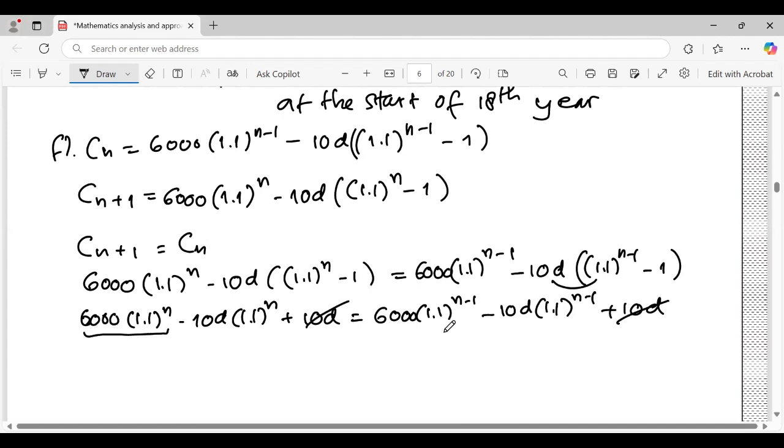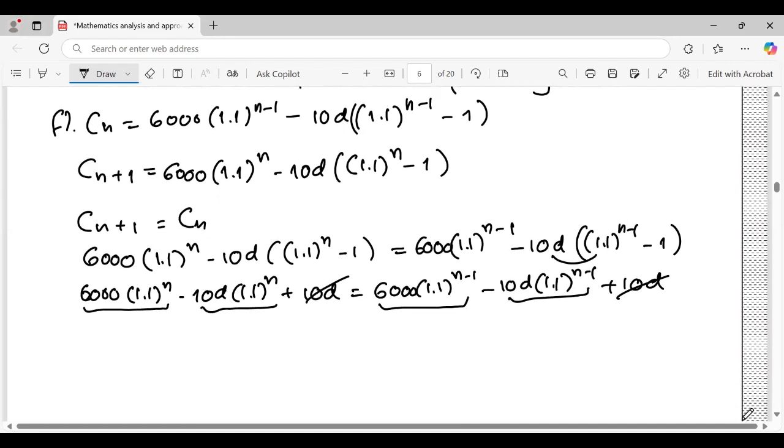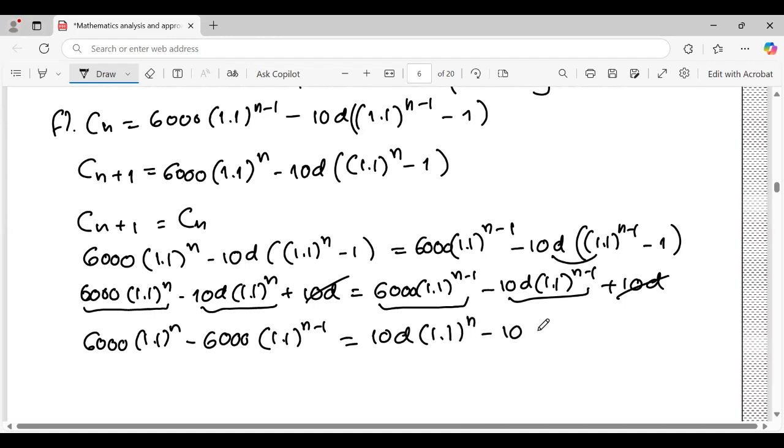After that, this expression with this expression, and as well this expression with this expression, we are going to collect them. So 6,000 times 1.1 power n minus 6,000 times 1.1 power n minus 1. And this one we move here, 10D times 1.1 power n, 10D times 1.1 power n minus 1.